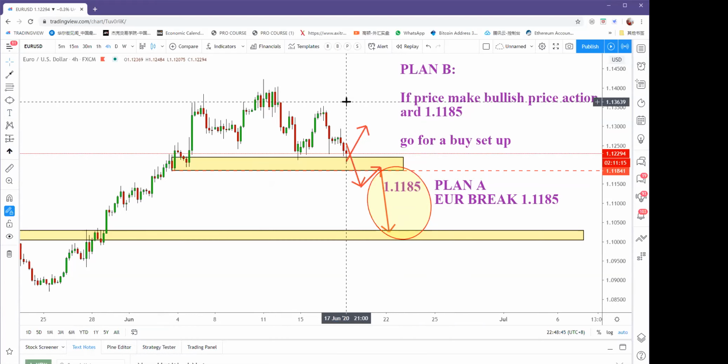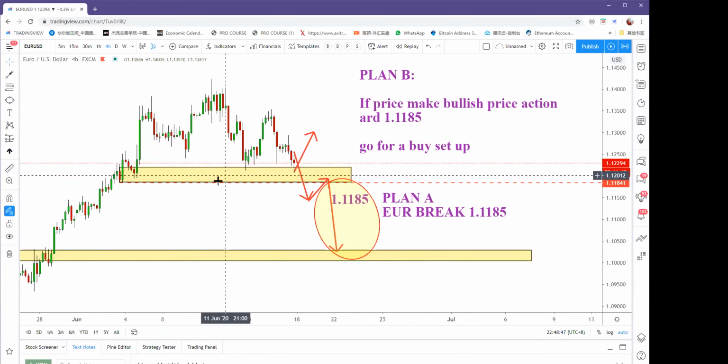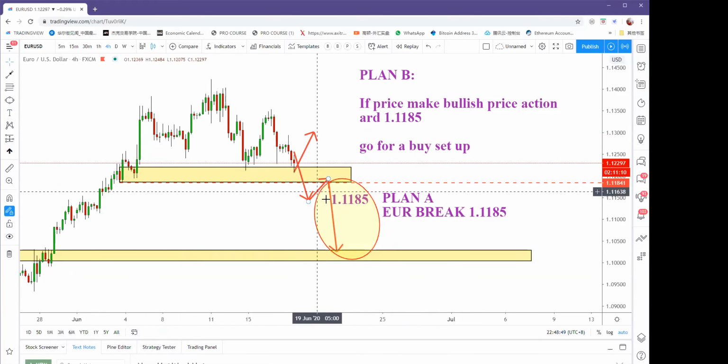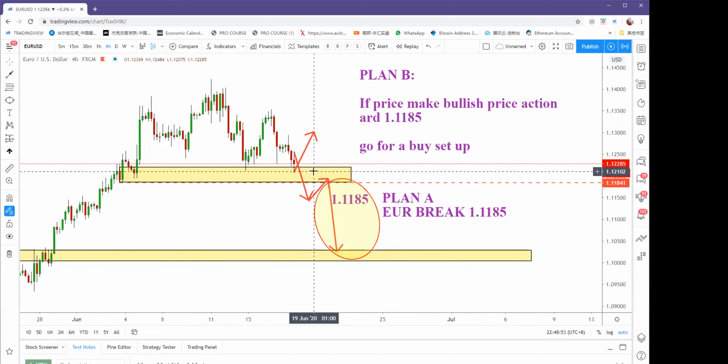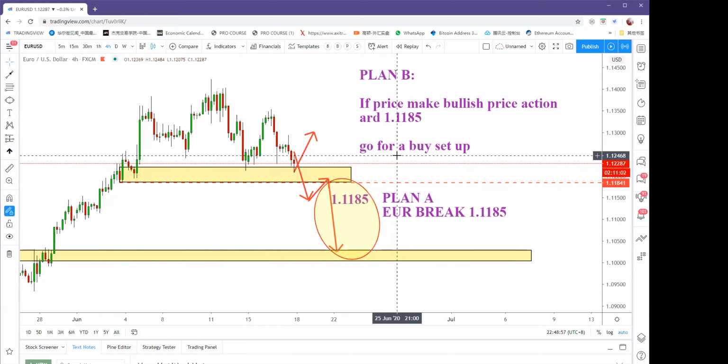Now, head and shoulders will only apply when the neckline is broken. If the neckline cannot be broken, it's not a head and shoulders, it's still a sideways market.